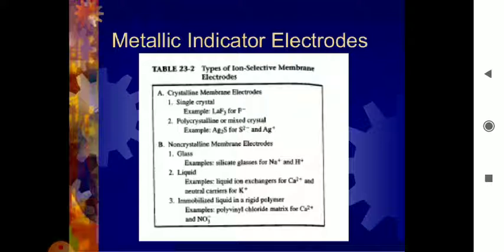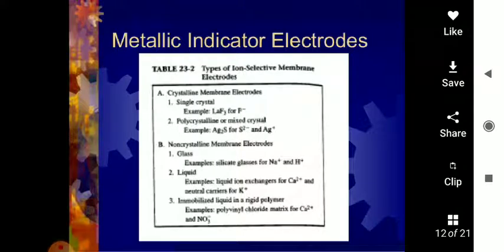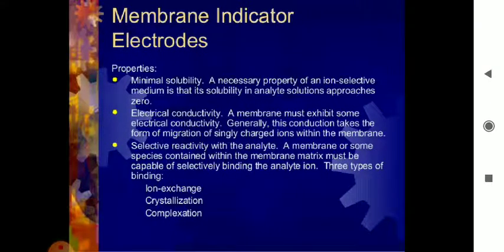The second class is the non-crystalline membrane electrode, which includes glass, for example silicate glasses for Na plus and H plus, liquid ion exchangers for Ca2 plus, neutral carriers for K plus, and immobilized liquid in a rigid polymer. Examples are the polyvinyl chloride matrix for Ca2 plus and NO3 minus. So these are the different electrodes.